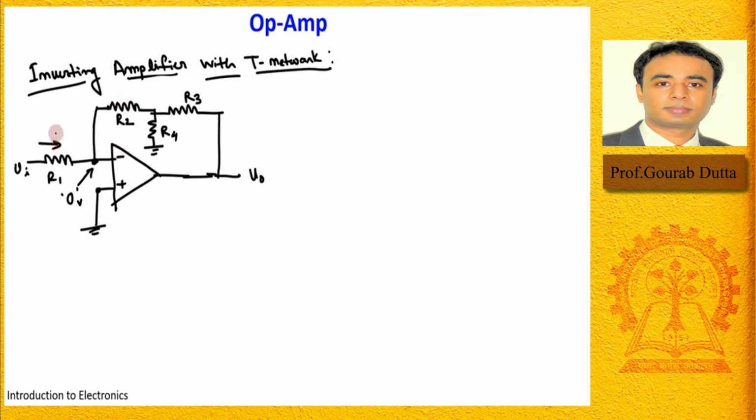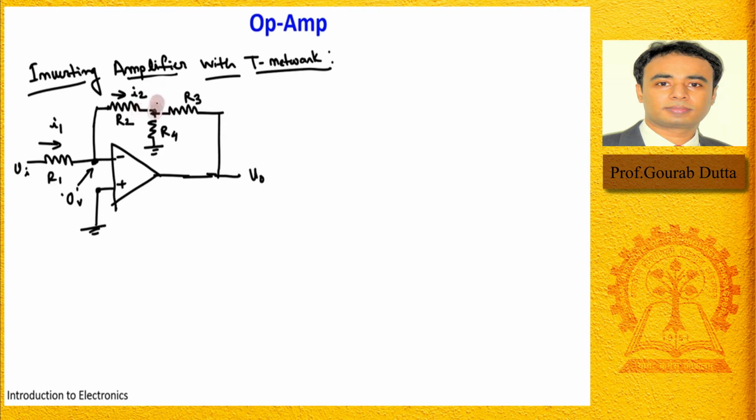Let us say that this current is I1, right? Then the same current has to flow. No current will flow inside this op amp. So the I1 is flowing through this, but we are taking this current as I2, right? So this potential is 0, current is flowing like this, so this becomes positive, this becomes negative, right?